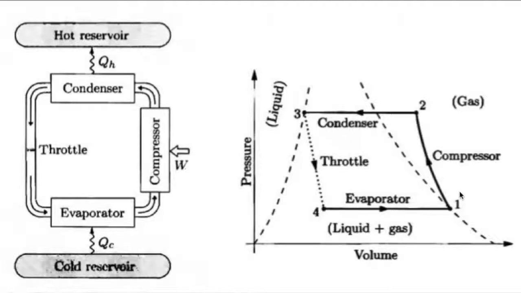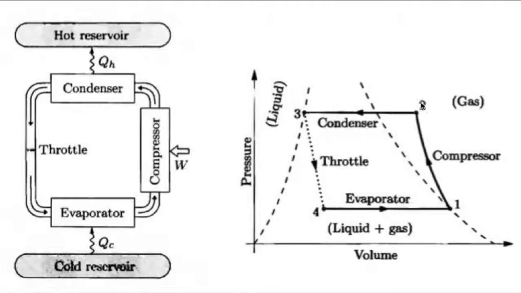As a gas, it's compressed adiabatically, hence this curve which is called an adiabat. That means there's no transfer of particles or heat. This usually occurs pretty quickly, and this raises the temperature and the pressure of the gas, hence the word compressor next to this transition from 1 to 2.